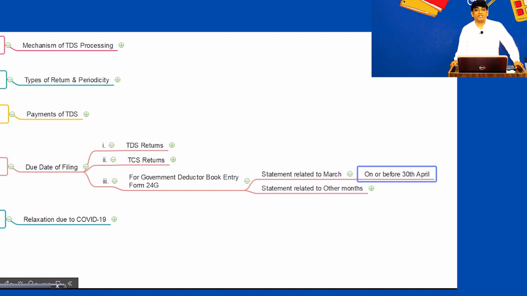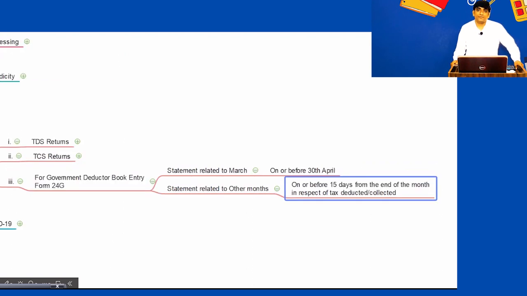But for the government deductor filing Form 24G, it is required to be filed on a monthly basis. So for the month of March, it is required to be filed on or before 30th of April. But for the other months, it is required to be filed on or before 15 days from the end of the month in respect of tax deducted or collected.